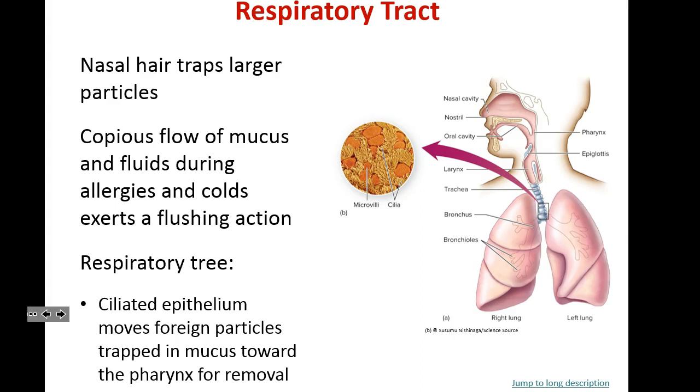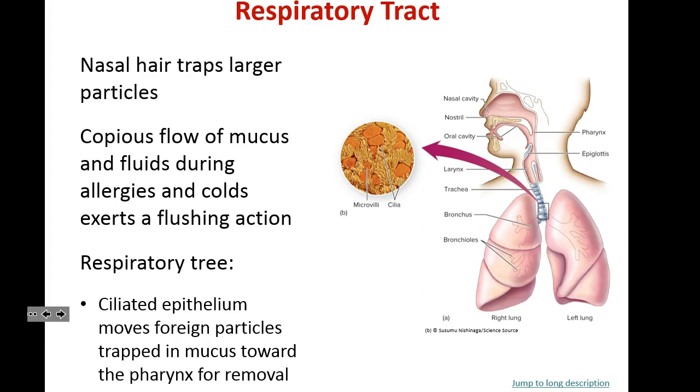Here in the respiratory tract, nasal hair traps larger particles. So a great big microbe or a microbe in mucus will be trapped before it gets further down the respiratory tract.